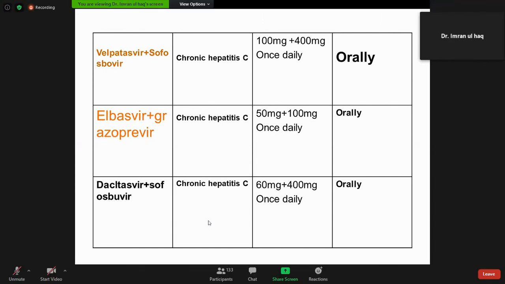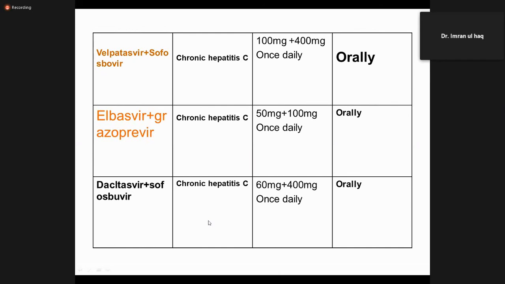You can see there are drugs such as velpatasvir, sofosbuvir, elbasvir, grazoprevir, daclatasvir. So these are the currently available drugs that can be used in the treatment of hepatitis C and can be given orally. There are other examples as well, right? But these are the examples that we must at least know, right?